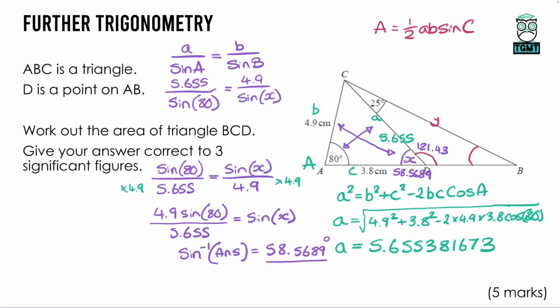Now I can do the sine rule again. So if you're already happy with the sine rule, we're now doing the sine rule for lengths. I want to find this length here, which is opposite this 121. I can find the angle in the bottom right because it's angles in a triangle. So I'm going to do 121.43 plus 25, and then take that away from 180.